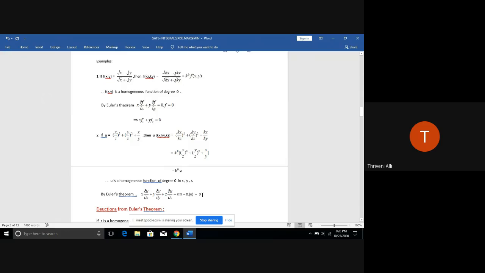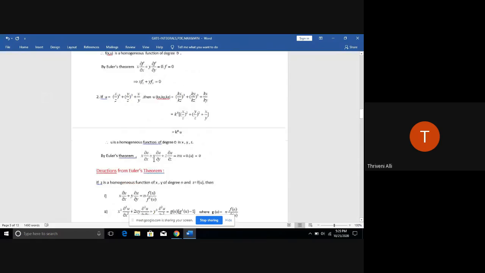So we need not find it separately. If they ask this question, find x ∂u/∂x + y ∂u/∂y + z ∂u/∂z, we need not first find ∂u/∂x, ∂u/∂y, ∂u/∂z, multiply with x, y, z, and add all these terms. So it is a lengthy process. So by Euler's theorem, we take this condition and substitute the n value here, that is n into u.